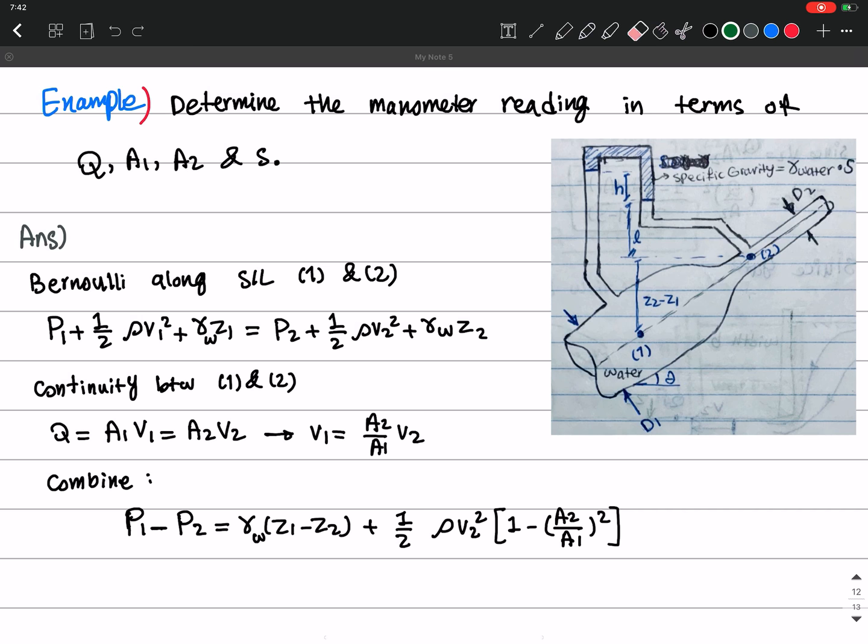This is from the previous chapter, so we are going to go from here, here, here, here to get the pressure difference between point 1 and point 2, and then we have another equation from Bernoulli here that we can combine with to get H, our manometer reading, okay? So the manometer rule.